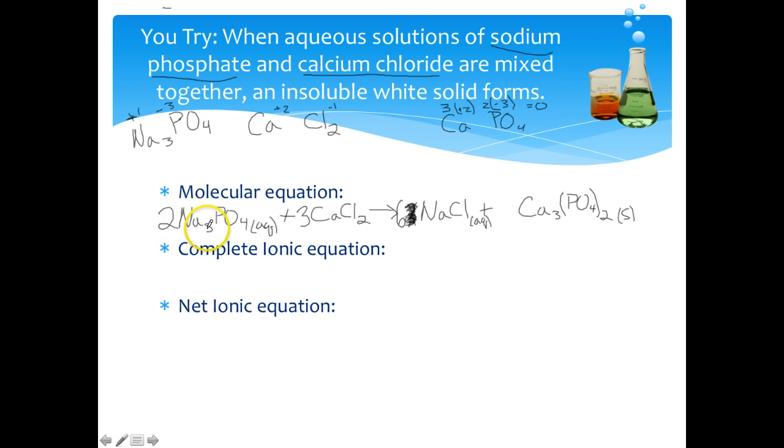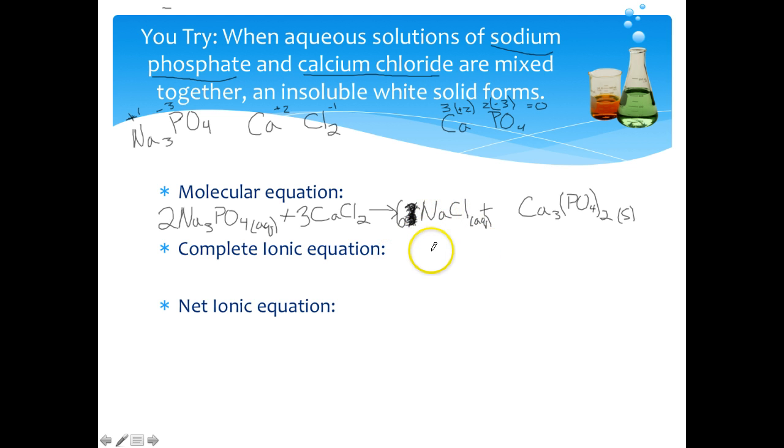That gives me the 6 sodiums and the 2 phosphates. 2 phosphates over here, and 3 calciums and 3 calciums, and 6 chlorides and 6 chlorides. So it's balanced, and it's looking pretty good outside of this ugly mess that's right here. That whole thing, that's just a mistake, and the pen doesn't have an eraser.